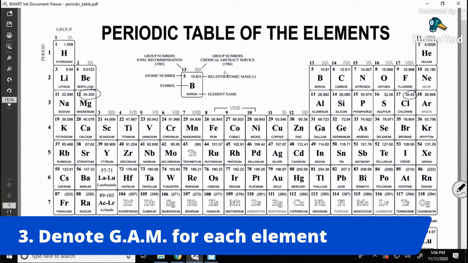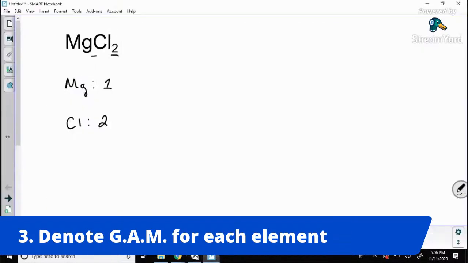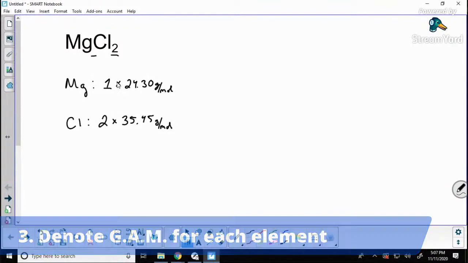So magnesium, again, is that mass at 24.30, and that would be units of grams per mole, because it is the gram atomic mass. 2 chlorines, each at 35.45, again, units of grams per mole. And you can abbreviate mole as mol. You don't actually have to put the e on the end of it.